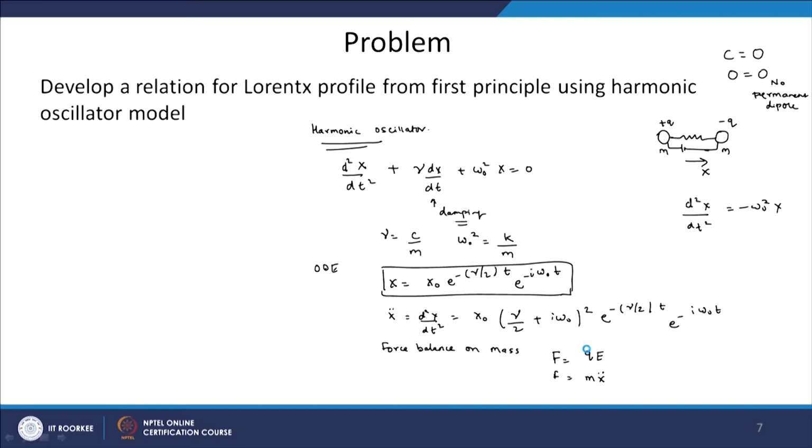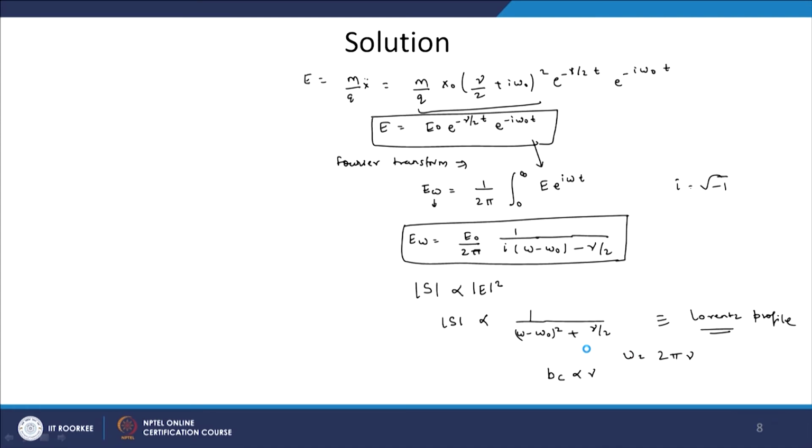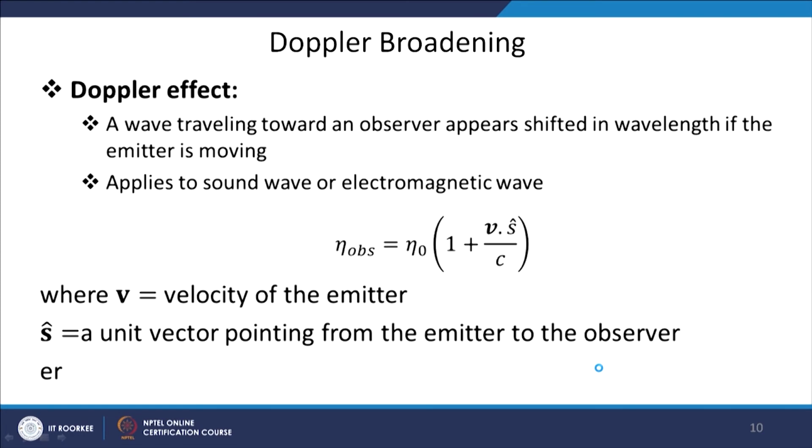Gamma we have already defined as the damping coefficient c by m. So, this damping coefficient is leading to what we call broadening due to collision. So, this was the collision broadening.